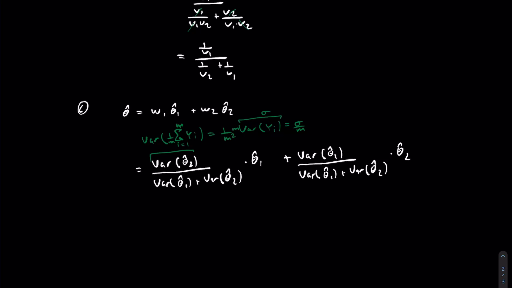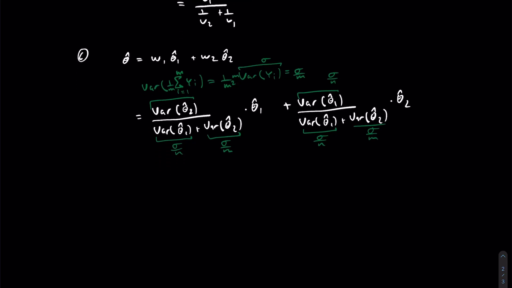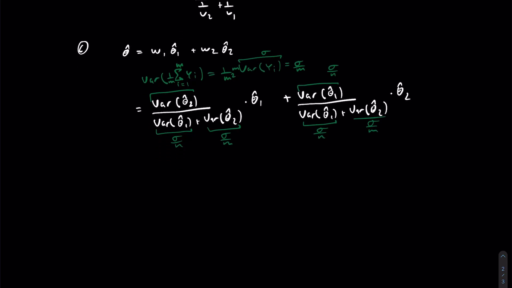And this term here, therefore, we're focusing on x, but we have n of those random variables. We have the same variance, so it will be xn. Right, and so this is also sigma over n, and sigma over m.